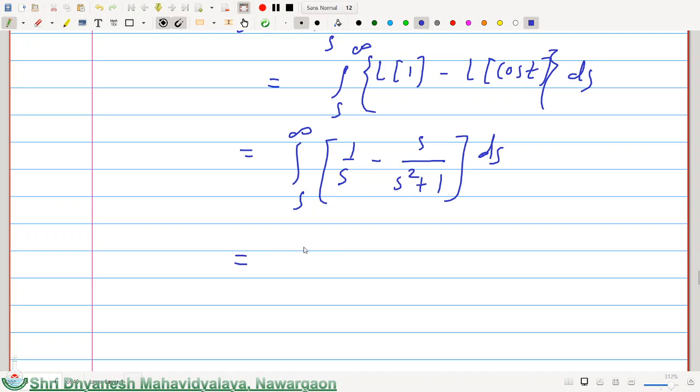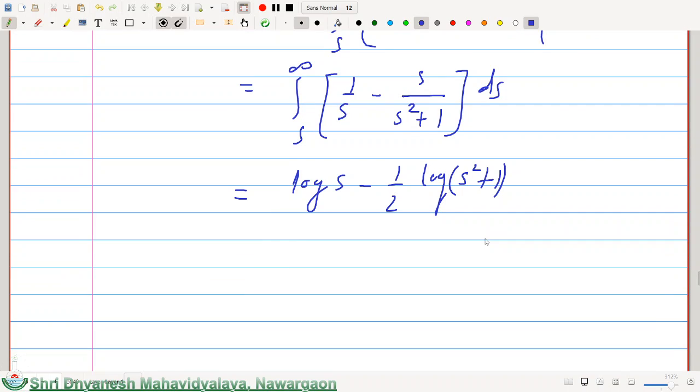Now do the integration. This will be log of s minus 1 by 2 log of s square plus 1. I hope you know the integration, how it is equal to 1 by 2 log of s square plus 1. You just adjust 2 in the numerator and denominator, and then use the substitution method. You will get log of s square plus 1 upon 2.